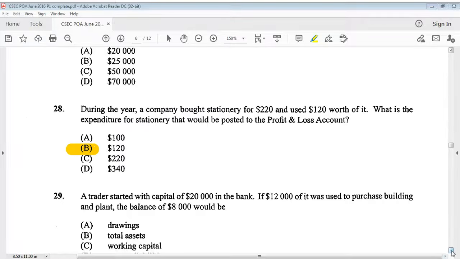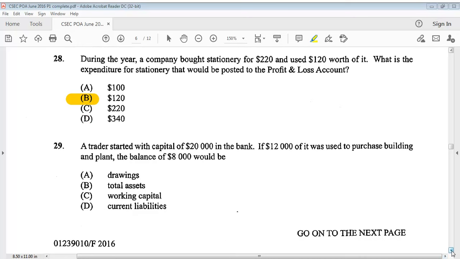29 says, a trader started with capital of $20,000 in the bank. If $12,000 of it was used to purchase building and plant, the balance of $8,000 would be A, drawings, B, total assets, C, working capital, or D, current liabilities.